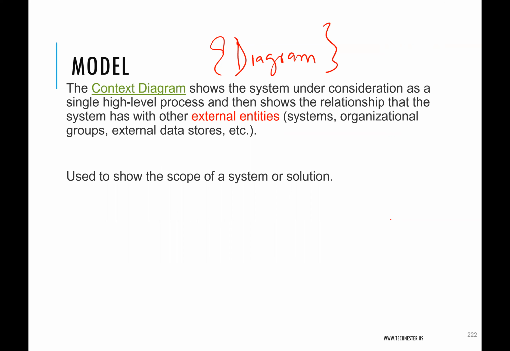And I've said modeling is the same as saying drawing or diagram. So quick recap, 3 ways to represent requirements: as text, in tabular format as matrices, or you use models.